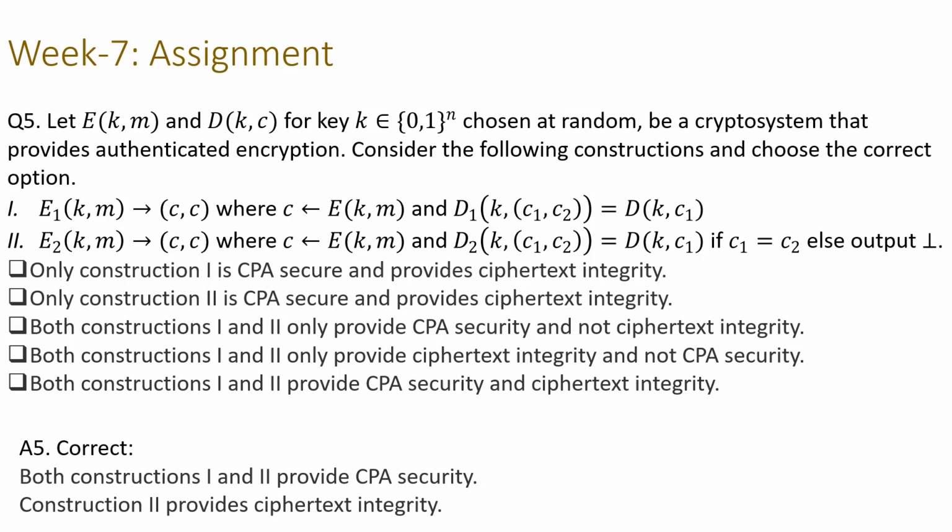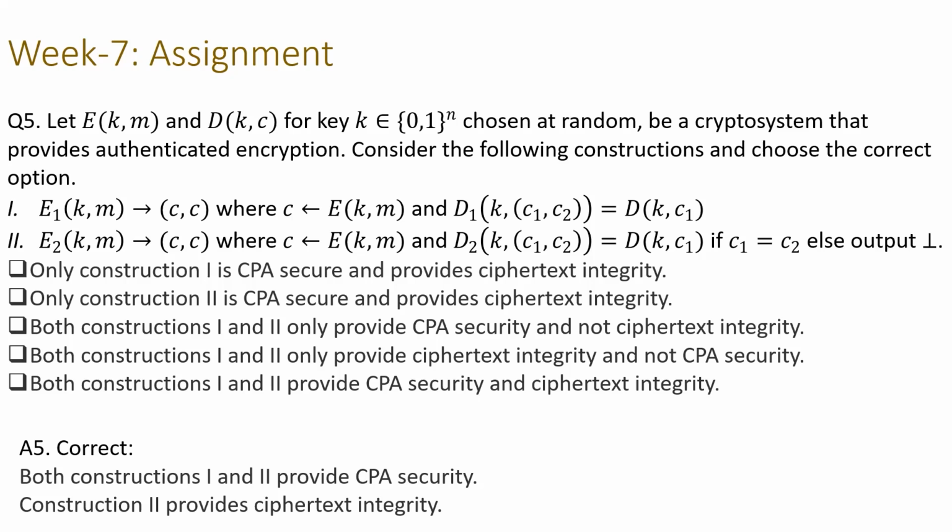The ciphertext is new, but it is also valid. That is the required property for ciphertext integrity, right? So ciphertext integrity is basically not there, because the adversary is able to come up with such a ciphertext which decrypts to some valid message but was not seen by the adversary previously.